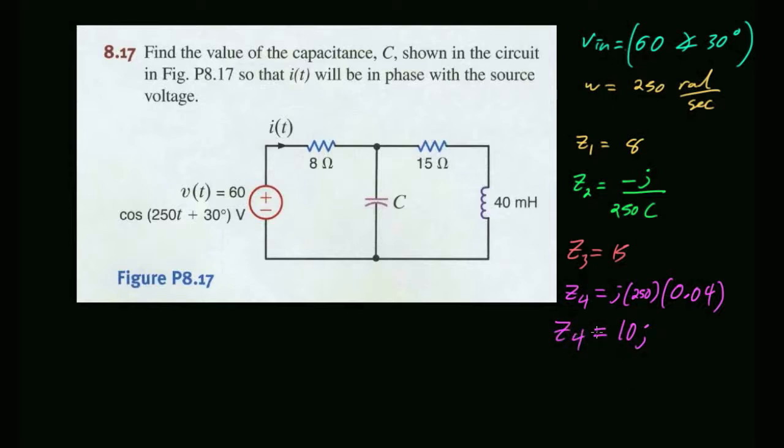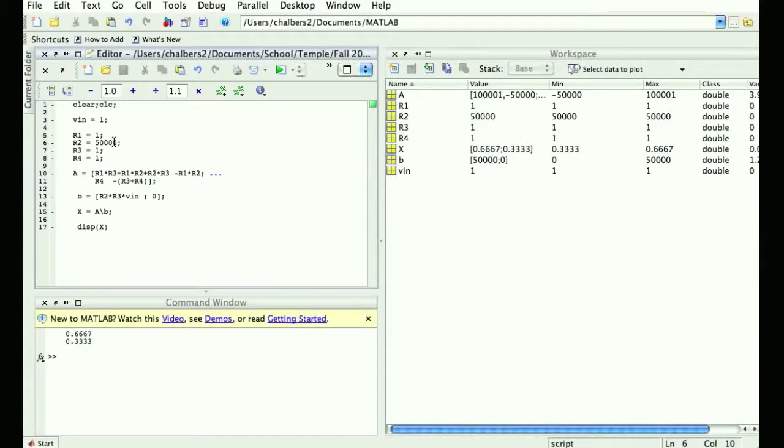Okay. So here's what I'm going to do. I'm going to edit my code ever so slightly. I'm going to change my R's into Z's. You know what I could just do? I bet I could do replace all. Find R, replace with Z. Okay, that was easy.